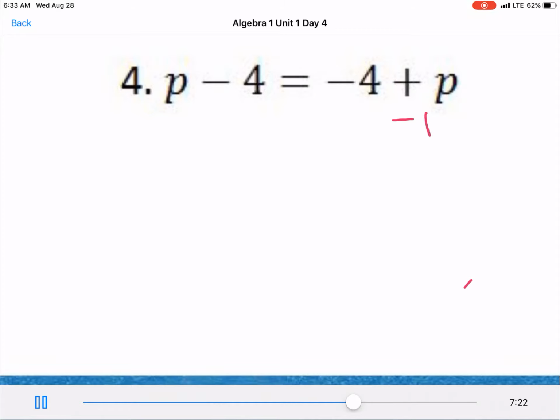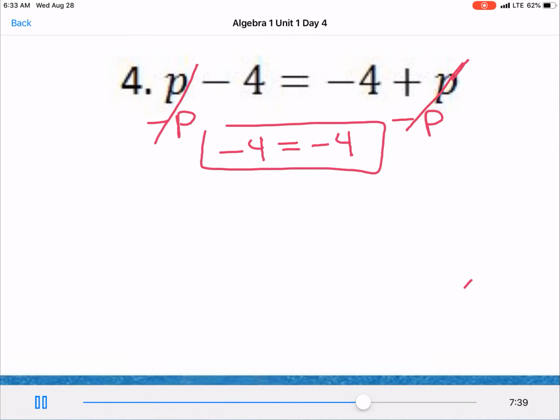This one is positive. Let me do minus p. Those two simplify. Those two simplify as well. And my answer is negative 4 equals negative 4. So for this one, my equation has infinitely many solutions because the answer is true.